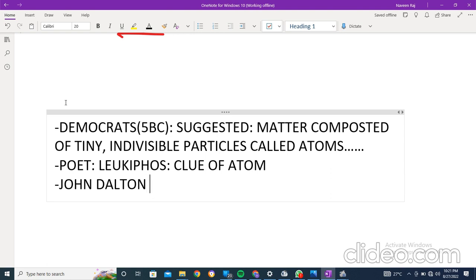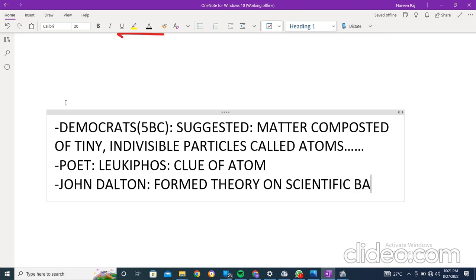He looked back into history, at what Democritus and the poet had said, and on a scientific basis he formed a theory. It was in the year 1808.